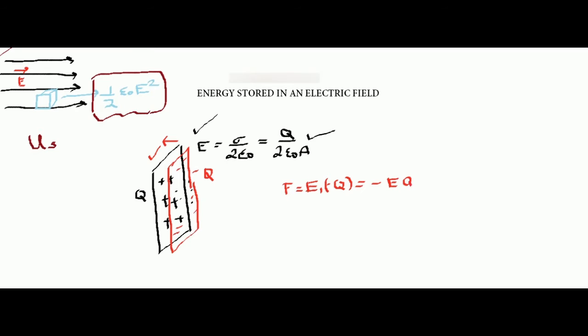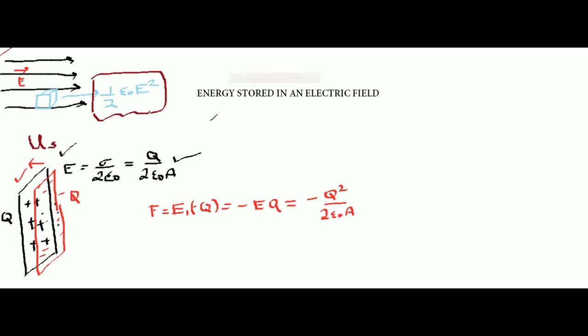So the value of this force is minus q square divided by 2 epsilon naught A. For a moment, forget the minus sign and keep just the magnitude.